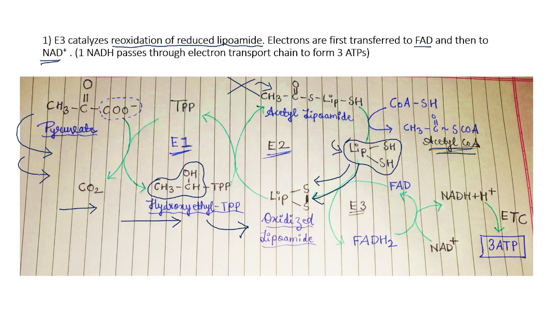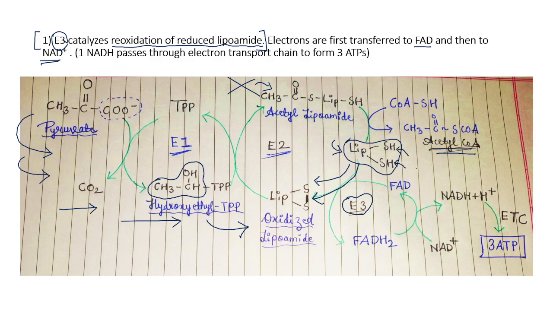And this reoxidation of reduced lipoamide is catalyzed by enzyme E3. So this is very important. Enzyme 3 catalyzes reoxidation of lipoamide and not enzyme E2. Reduced means acceptance of hydrogen atoms.